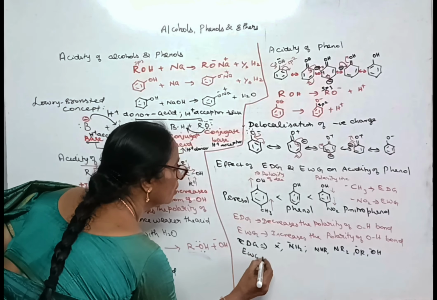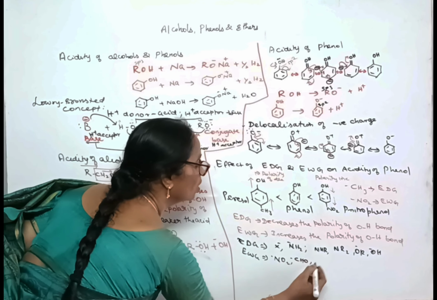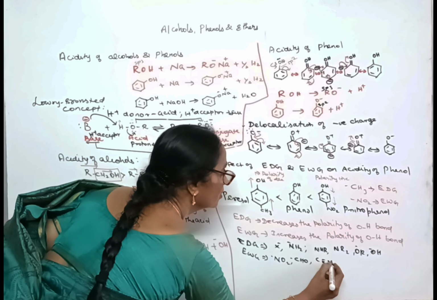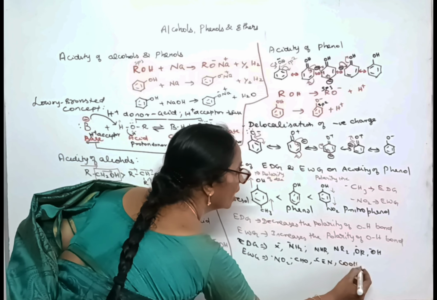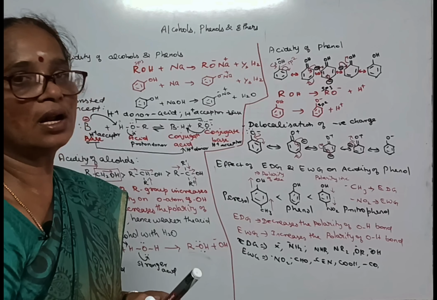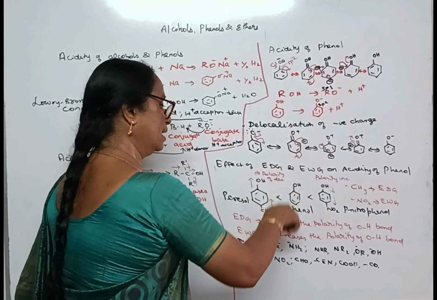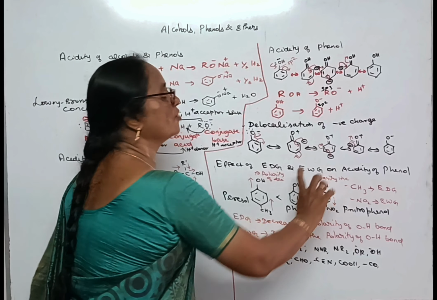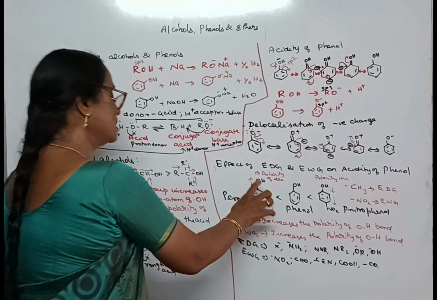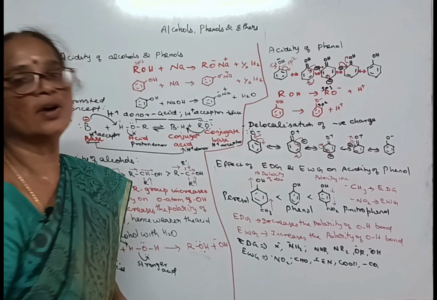Electron withdrawing groups are NO2, CHO, CN, COOH, ketone. These are all electron withdrawing groups. So the presence of an electron withdrawing group increases the acidity of phenol, and the presence of an electron donating group decreases the acidity of phenol.